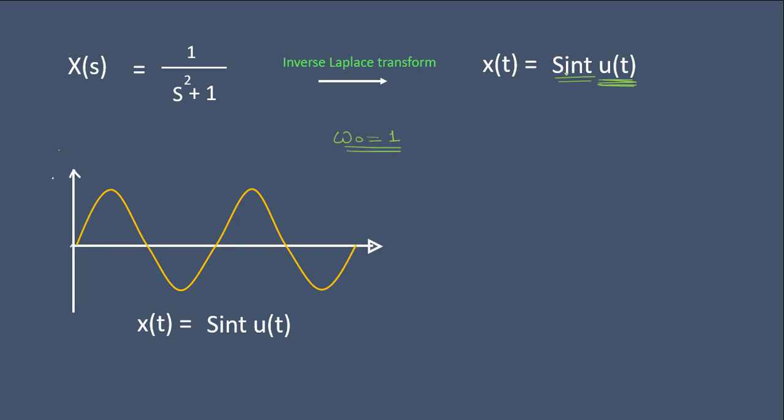If you compare sine omega naught t with sine t, the value of omega naught will be 1. So every sinusoidal signal has some oscillations, and whenever the nature of response of x of t is sinusoidal, that is cos or sine, we have oscillations, and whenever there are oscillations, the system is marginally stable.